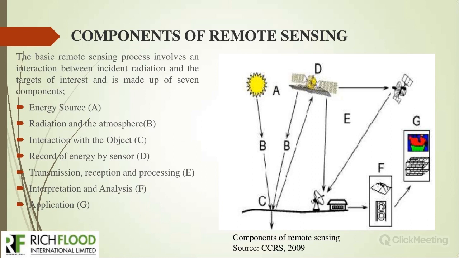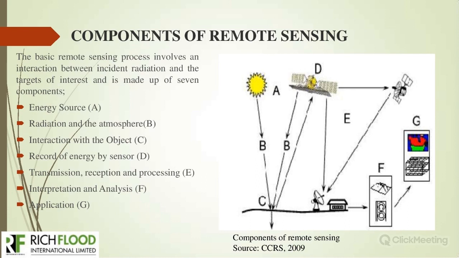So the components that make up a remote sensing system is one, the source of energy, which could be the sun, or in most cases, it's always the sunlight, the radiation and the atmosphere, whereby this electromagnetic energy source travels through, and also the interaction with the object on the Earth's surface, whether it is the surface water body environment or the soil or vegetation.